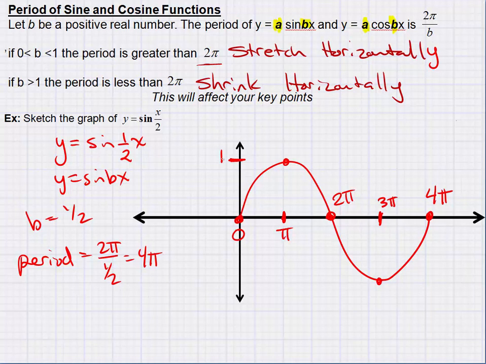It still maxes out at 1. It still mins out at -1. This is what my graph will look like, compared to what the original sine looks like, for just y equals sine x, where I don't change the period. It's going to look like this.